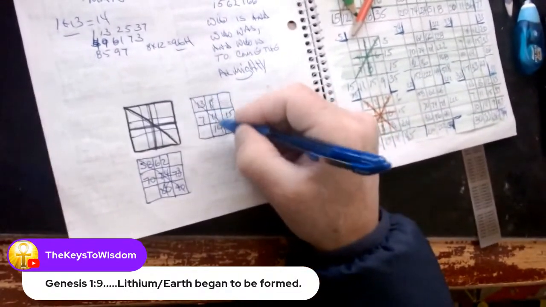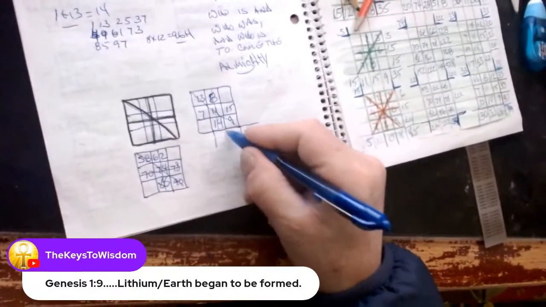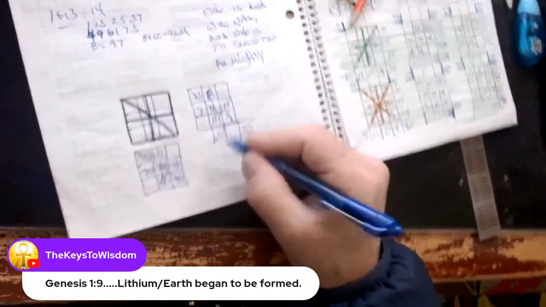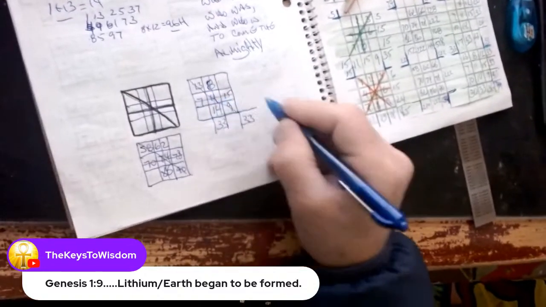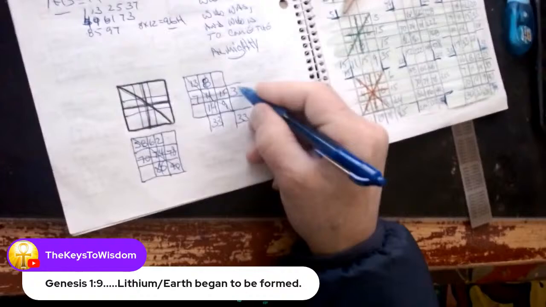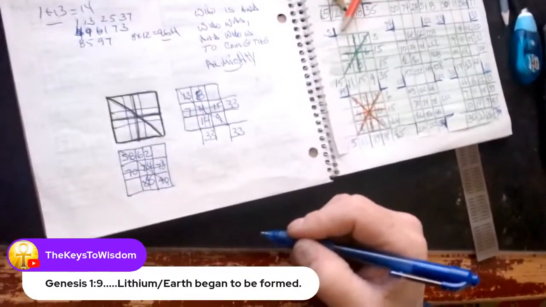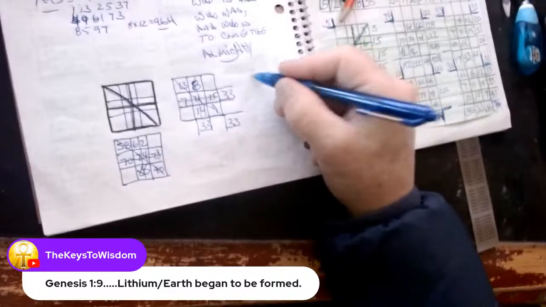When I count this row over here, 8, 11, and 14, it equals 33. When I count this row over here, it equals 33. So they all equal 33. So the total here is 99.